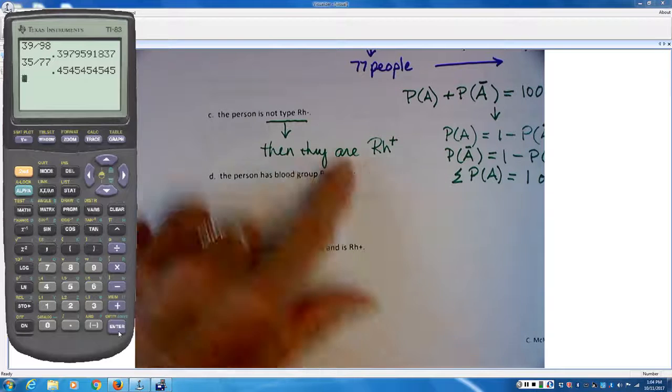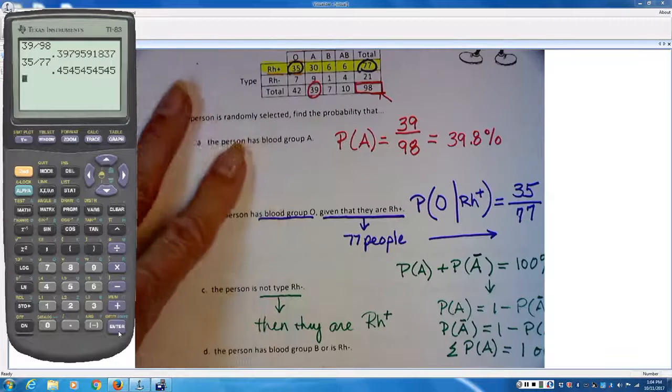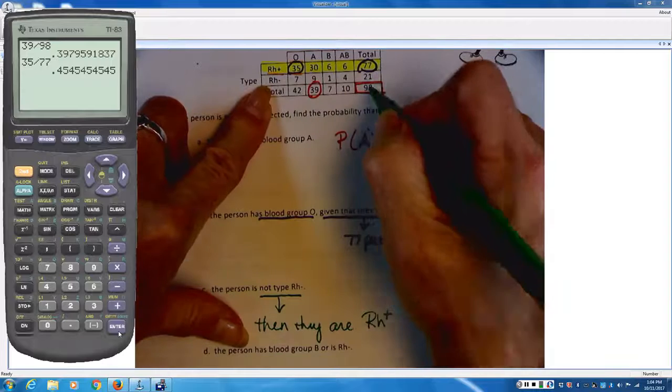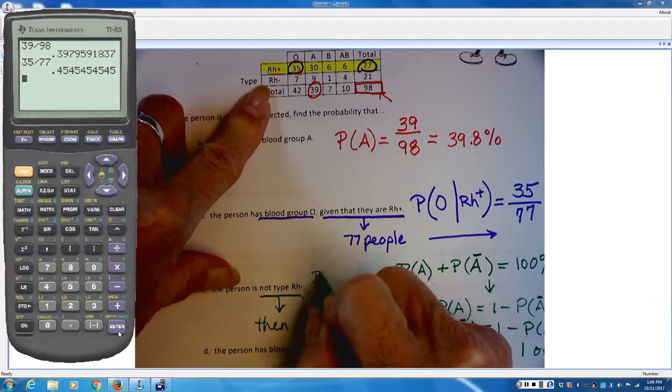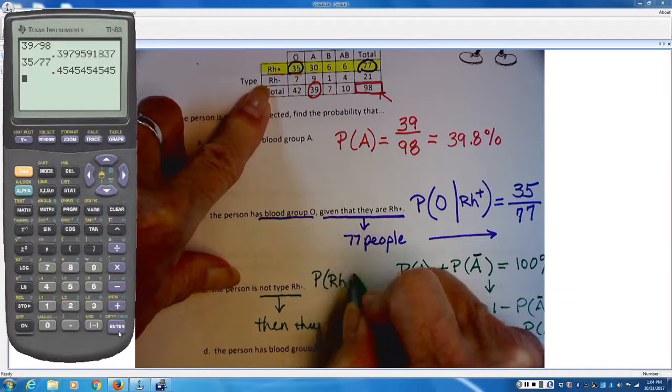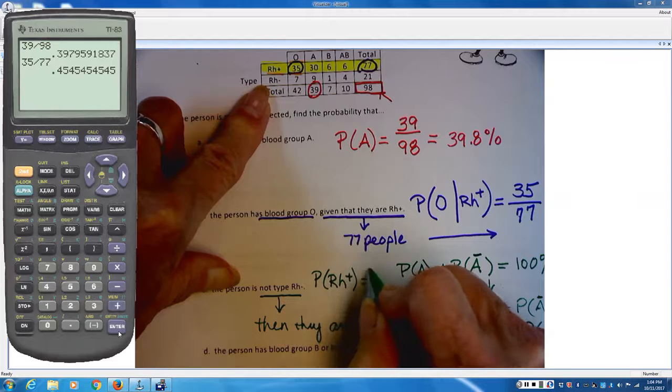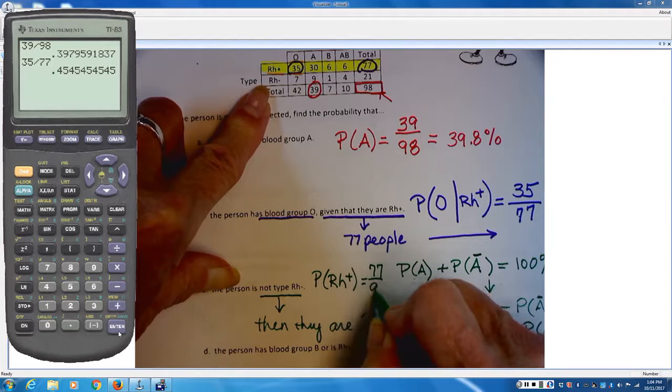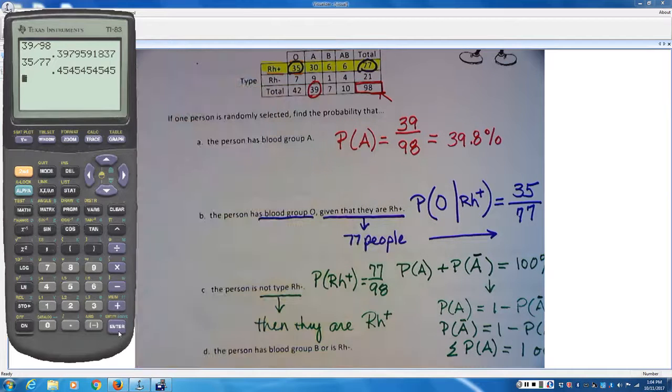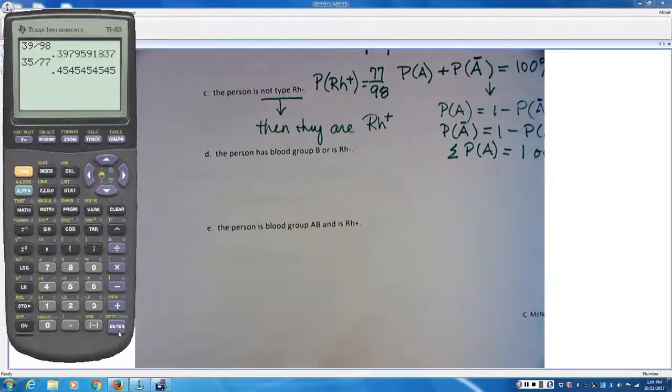So the probability that they are Rh positive is 77 out of 98, which is 78.6%.